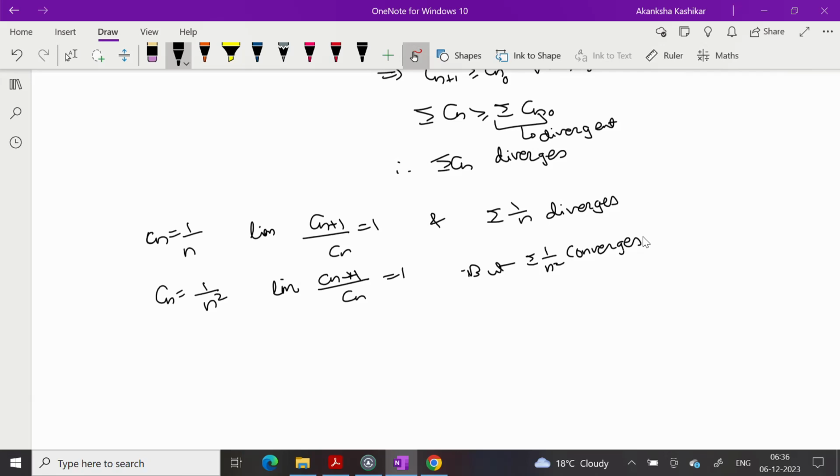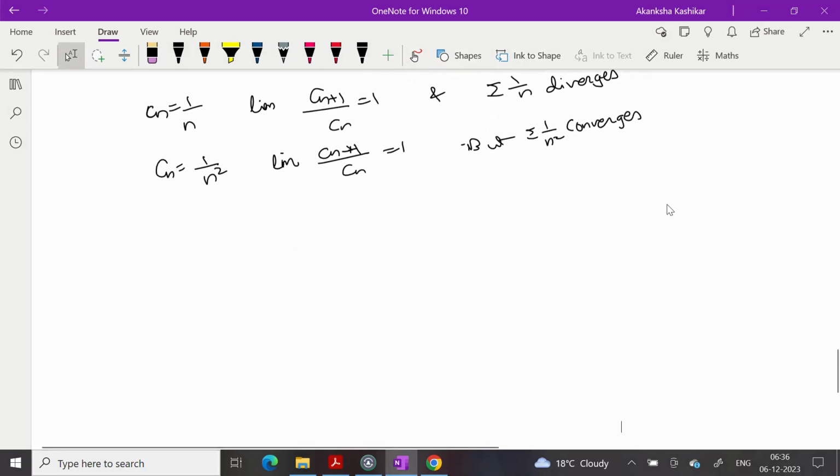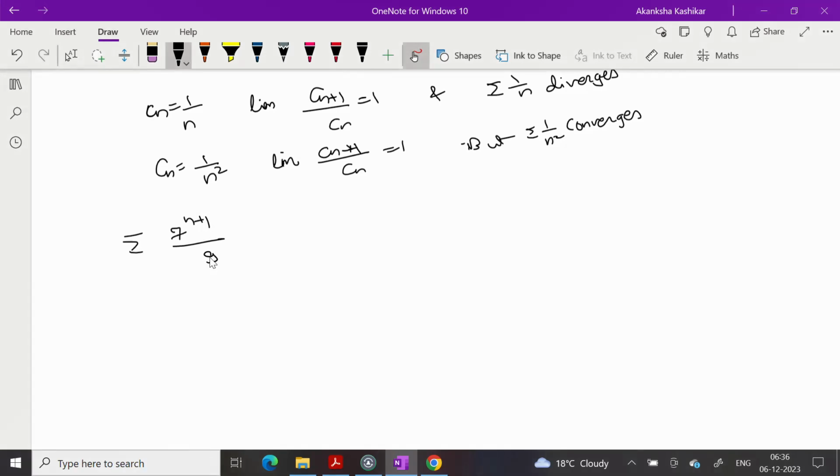Let us take one small example. For example, consider a series 7 raised to n plus 1 divided by 9 raised to n. So my an is 7 raised to n plus 1 upon 9 raised to n.